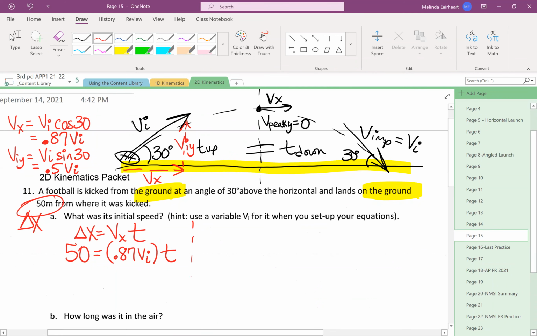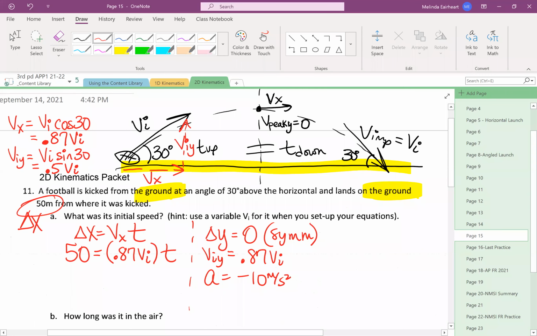Let's go vertical. What do we know vertically? Well, it's ground to ground. What's delta Y? 0. Okay, it's symmetrical. What else do we know vertically? Well, the initial vertical velocity was that 0.87 times VI. We know gravity.